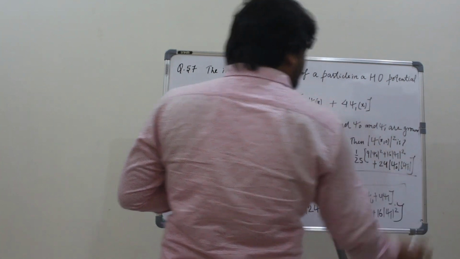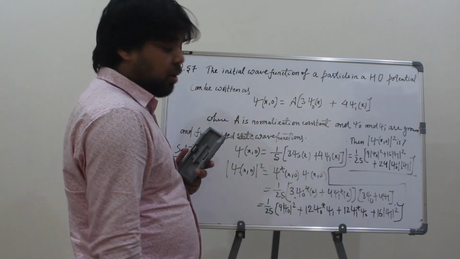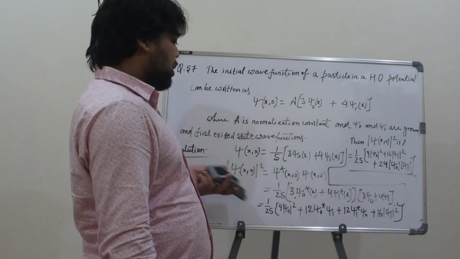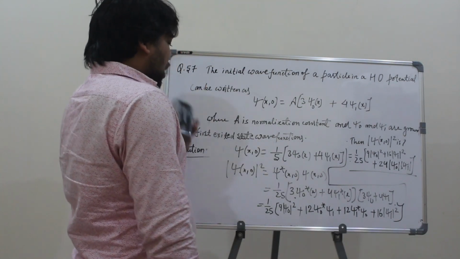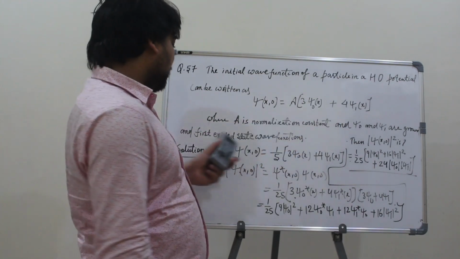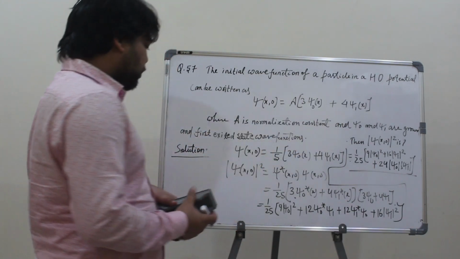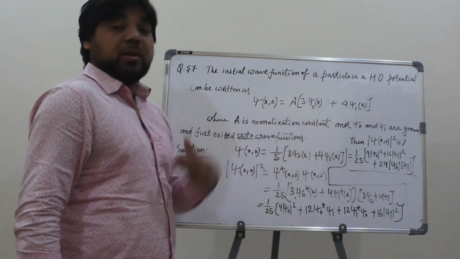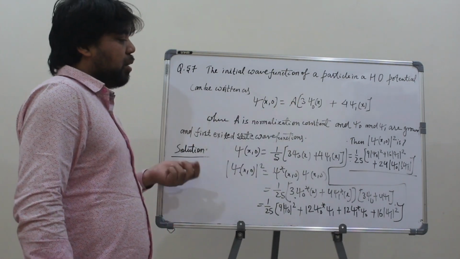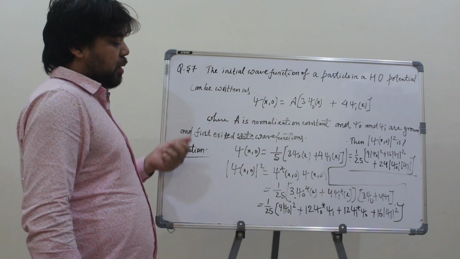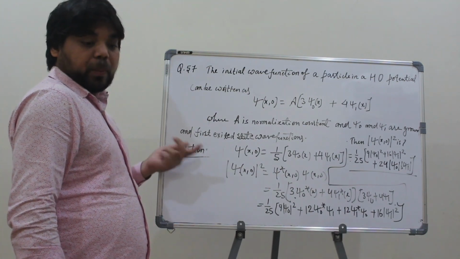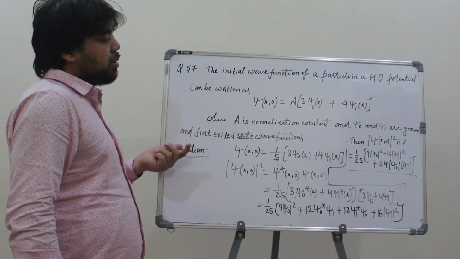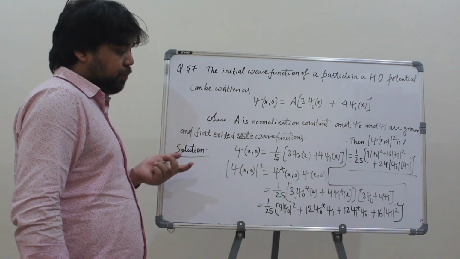So this is what you are getting, they are not orthonormal. So this is what you have as the mod of the square of the wave function, which is a combination of wave function in the ground state and the first excited state. A very significant problem, an easy one, but significant because it is usually asked in the exam.